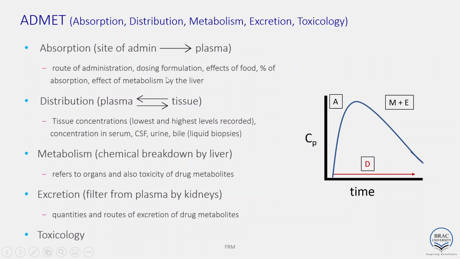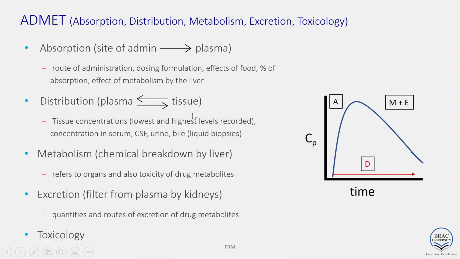It has to cross a lot of barriers, and a lot of factors affect the absorption of the drug into the plasma. After reaching the plasma, the drug distributes throughout the whole body.